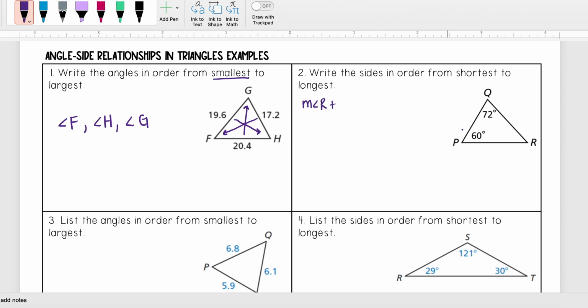So I'm just going to create an equation right here to solve for R. So I have measure of angle R plus 60 plus 72 is equal to 180. 60 plus 72, I get 132. And then I want to subtract 132 from both sides. And I get that the measure of angle R is 48 degrees.